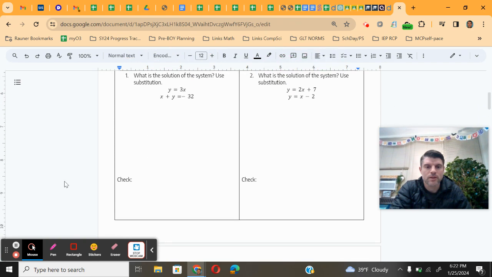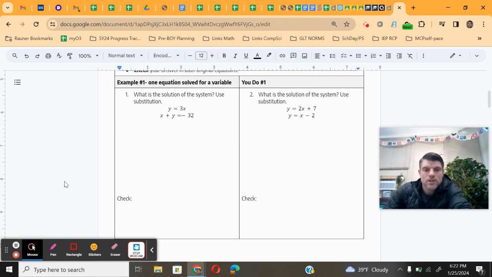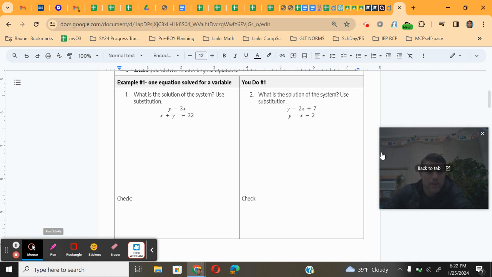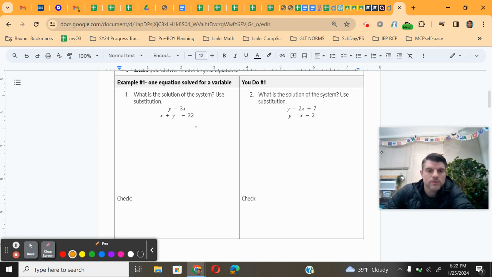Okay. What is the solution of the system? Now, I already know y equals 3x. That's really helpful that they isolated a variable for us. So I'm going to plug in this 3x in for, what do you think? If y equals 3x, I'm going to plug in for y. Kind of was going to the x first, but it worked out.